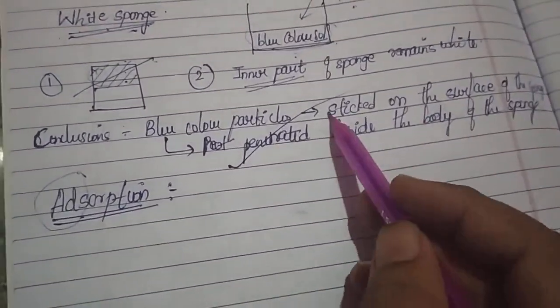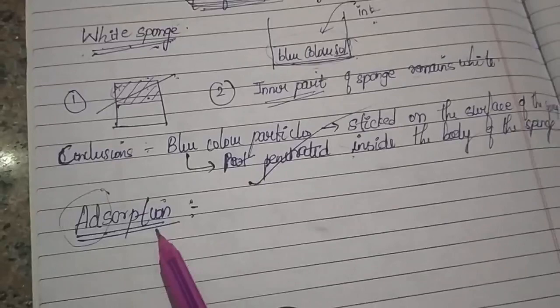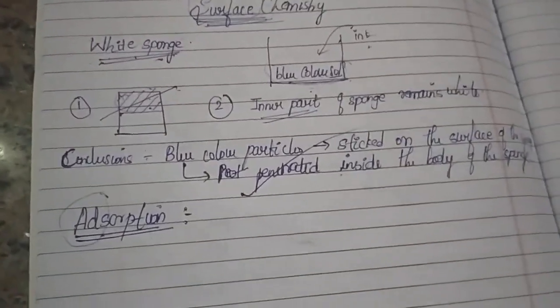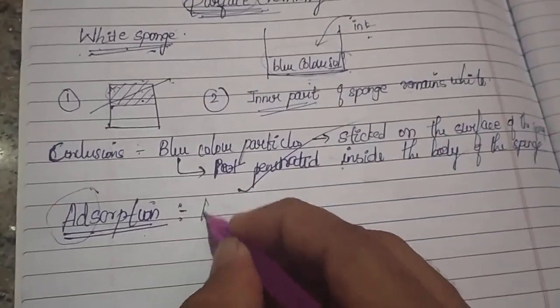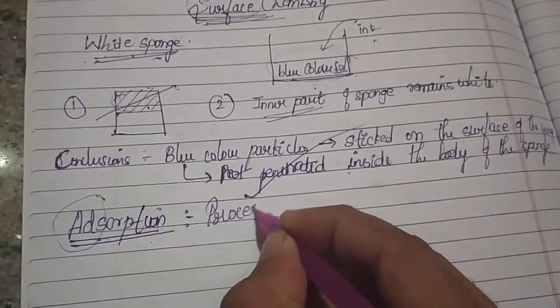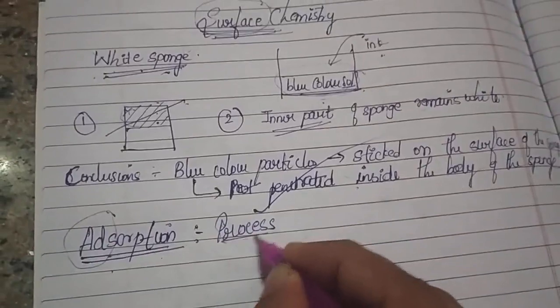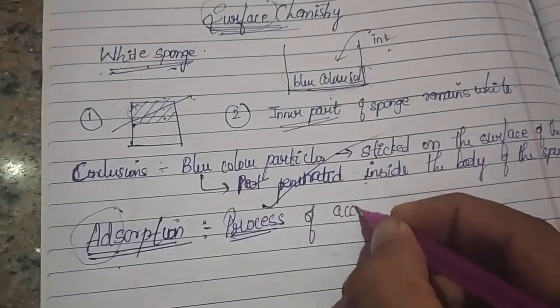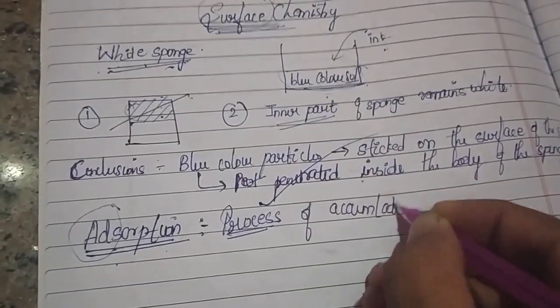So what do you mean by adsorption? Of course, whatever we have seen here, we are going to write in technical terms. Remember, adsorption is a process of accumulation, that means concentrating.